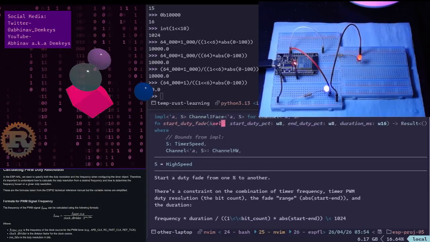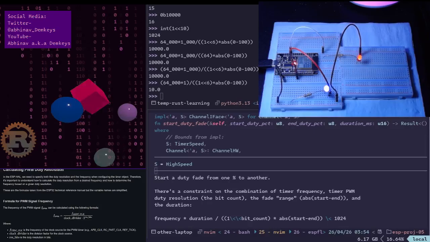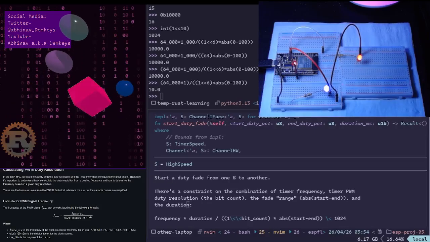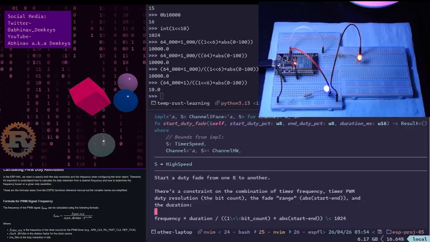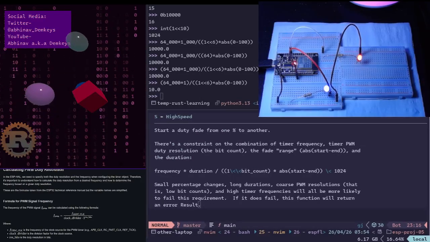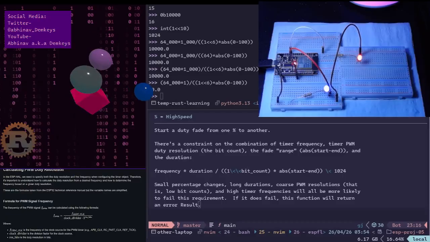Maybe I should suggest this as a small change because this can be confusing.